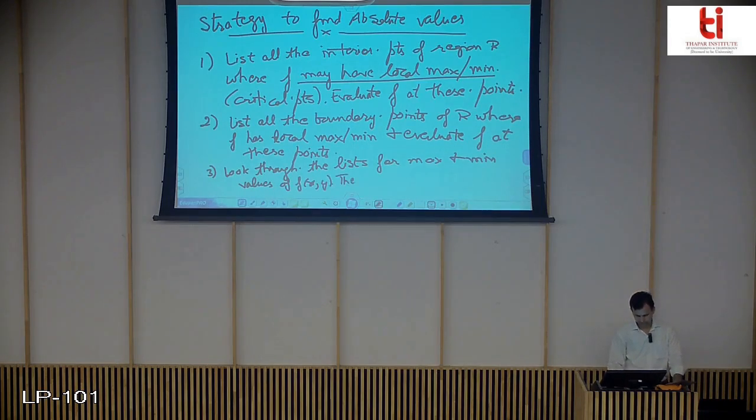These will be, out of the given local maximum and minimum, now look for the maximum value the function is attaining and the minimum value the function is attaining, and these will be your absolute maxima and minima of f on region R. So again, first we locate the interior points, we look for the boundary points, find the value of the function there, and then we draw up the list and see where the function is getting maximum value and where it is getting minimum value.